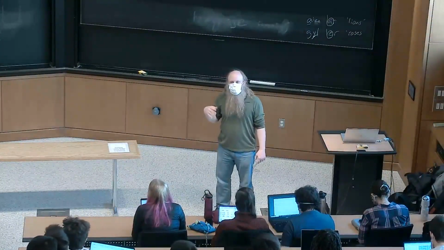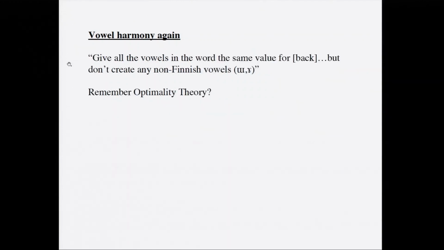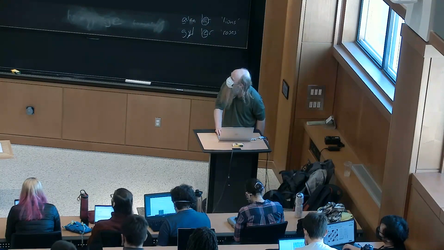So the rules are, first of all, remember optimality theory. It's as though the generalization goes, give all the vowels in the word the same value for back, but don't create non-Finnish vowels. Don't create back vowels that are not round and not low. There's that symbol you were wondering about.